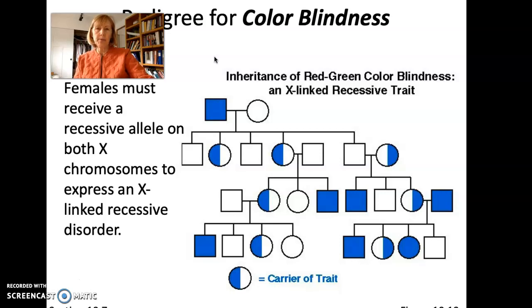She can have the dominant, which is normal, and the recessive, which makes her a carrier, and not be affected. Whereas the male, given that it's only carried on one of his alleles, once he has that one recessive, he will have the disease. So look at this inheritance of colorblindness that is sex-linked.